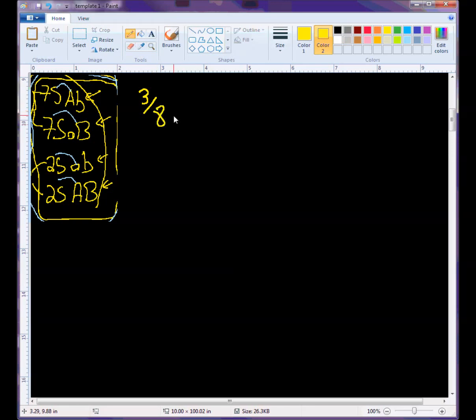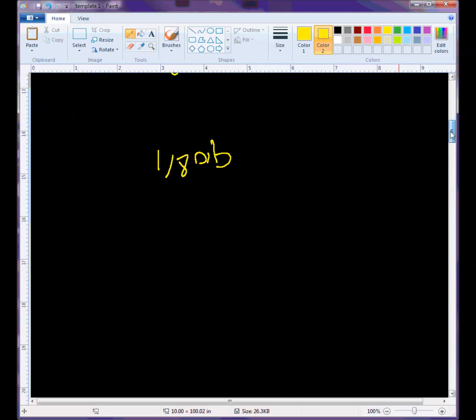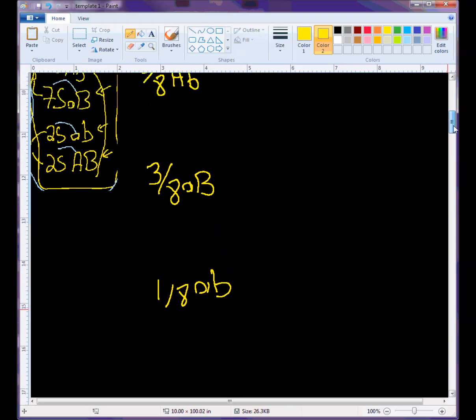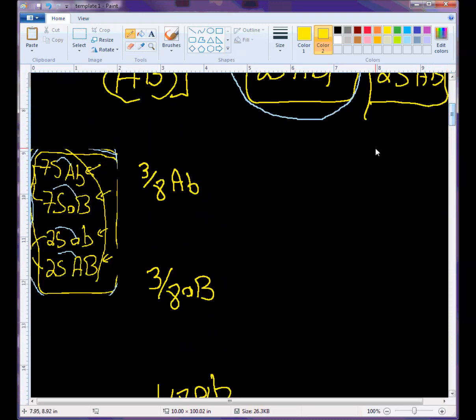So 3/8 are going to be big A, little b. 3/8 are going to be little a, big B. 25 out of 200, or 1/8, are going to be little a, little b, and 1/8 are going to be big A, big B.